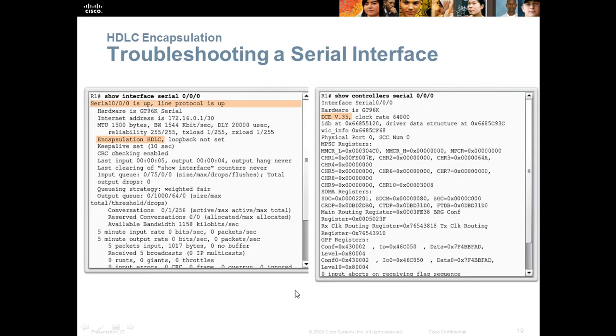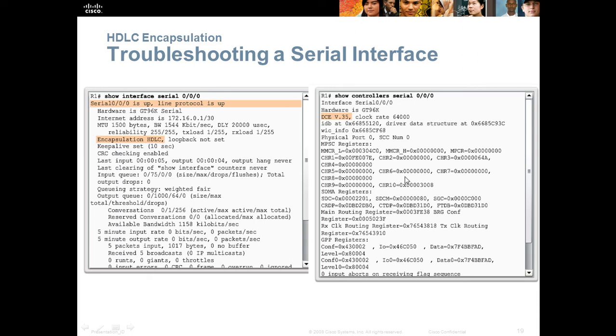Once we have configured HDLC, sometimes there are problems, so we can troubleshoot HDLC or serial interfaces by giving the command show interface serial to the specific interface, which in this example is show interface serial 0/0/0, and you can see here the serial 0/0/0 is up, line protocol is up, and encapsulation is HDLC.